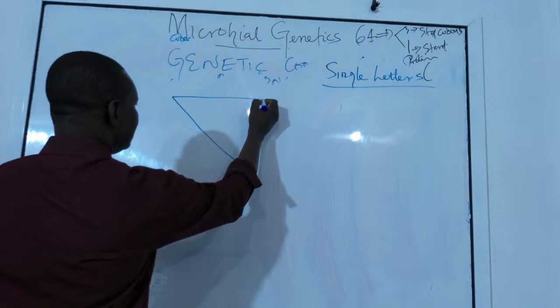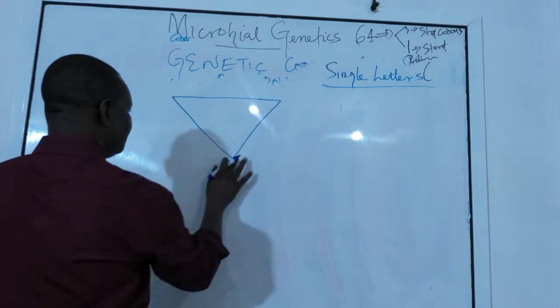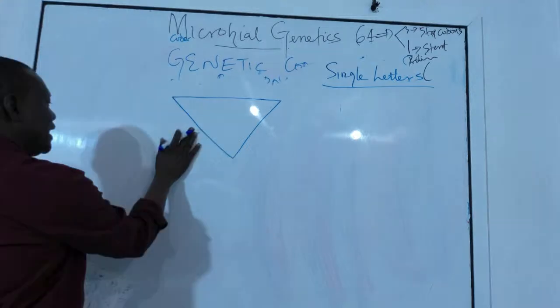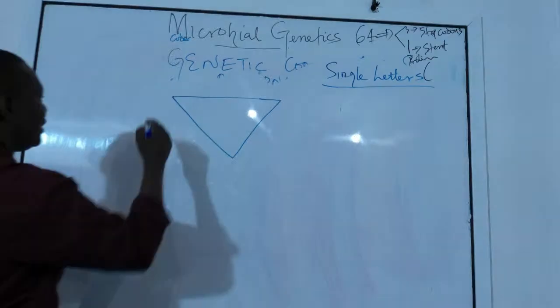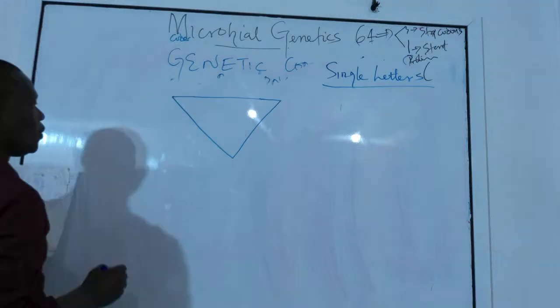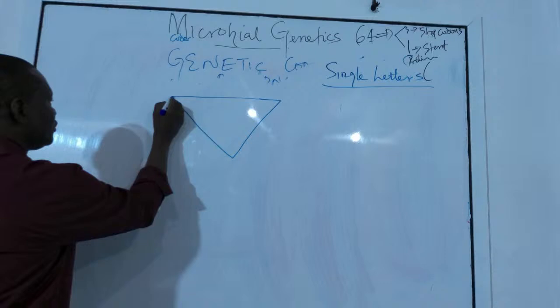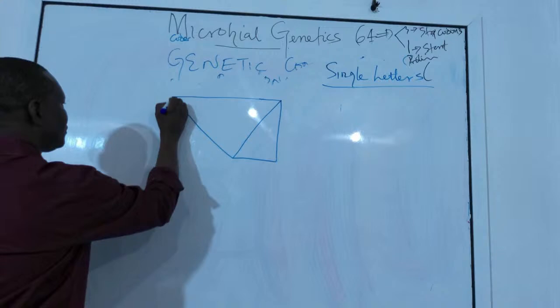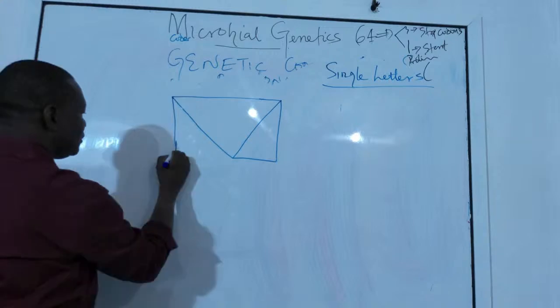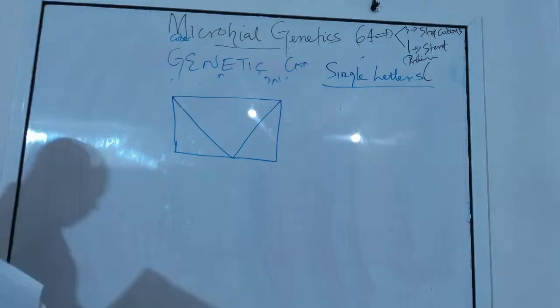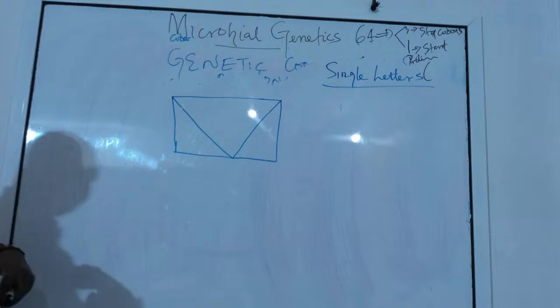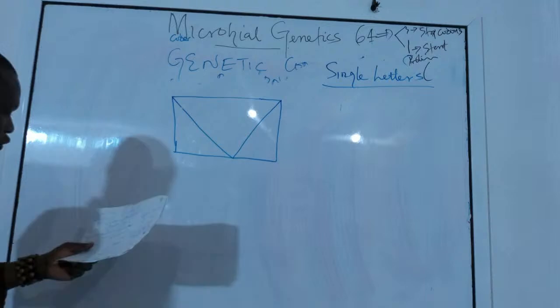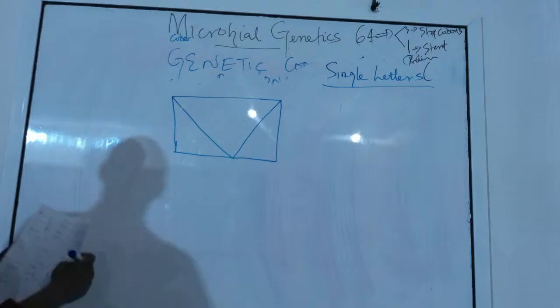I don't know whether to call this an isosceles triangle or an equilateral triangle. You draw something like this, and also something like this, so that you have three triangles inside one rectangle.